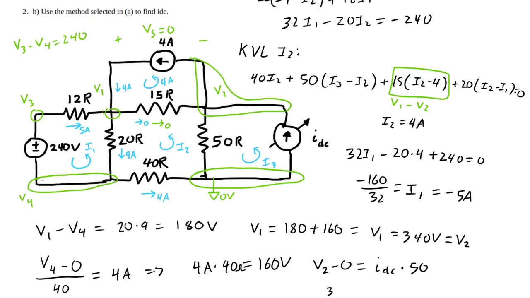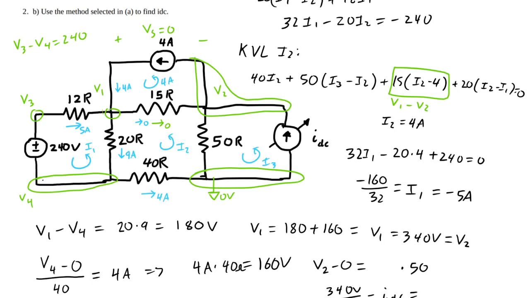So 340 volts divided by 50 ohms gives us, oh, I'm sorry, not IDC.